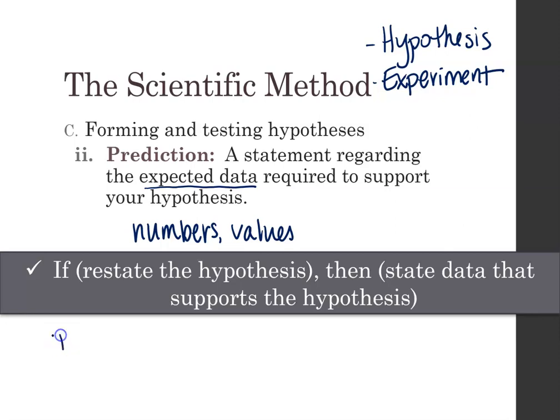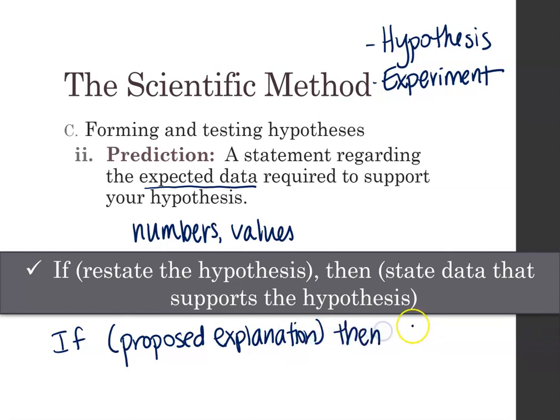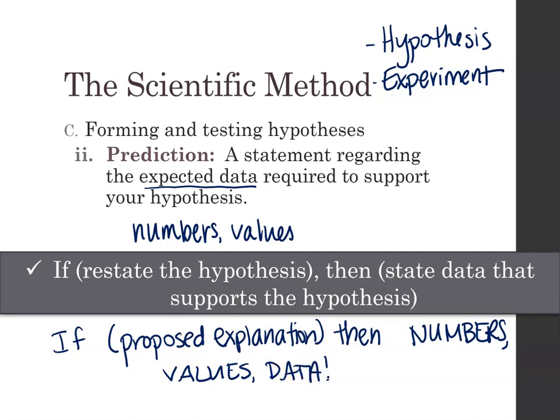So you're going to say, if your proposed explanation, then numbers or values or data. So your hypothesis should not contain numbers, values, or data. It's a statement that's providing an explanation. Your prediction is associated with the experiment and the data that you should expect.